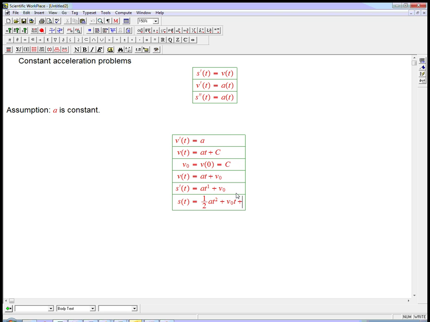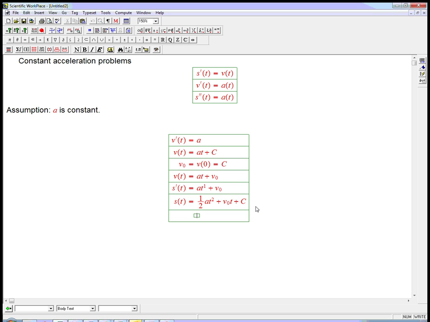But then don't forget we need another constant. Every time you anti-differentiate, not just once per problem, it's every time you anti-differentiate. Because if you take the derivative of this, the c will definitely die. You'll definitely get this. And again, we want the meaning of that. Well, once again, let's just plug in t equals 0. We'll call that s naught. And then conveniently, this stuff dies.